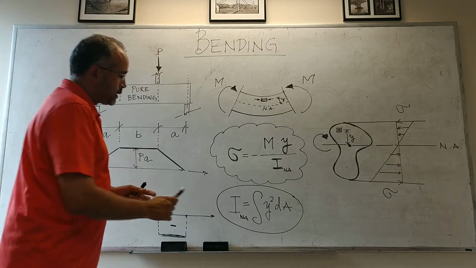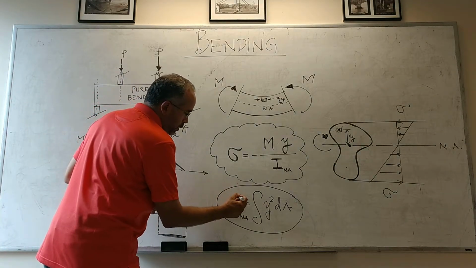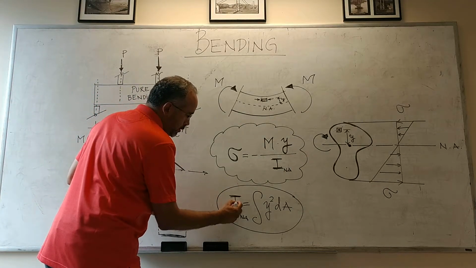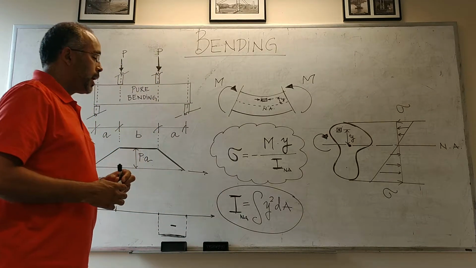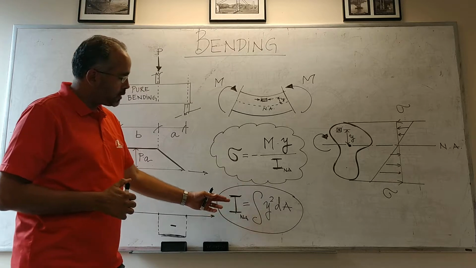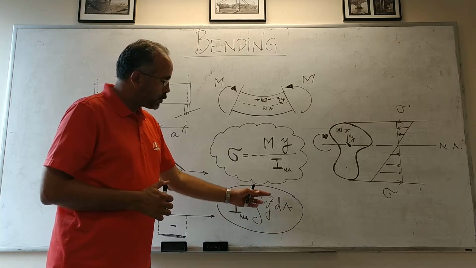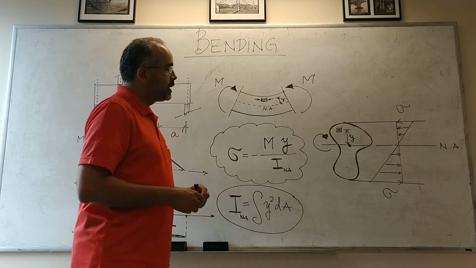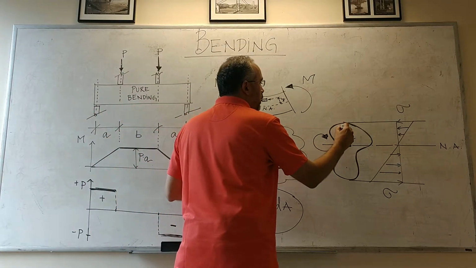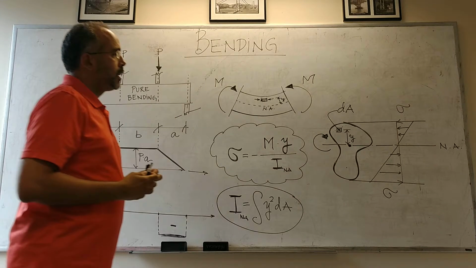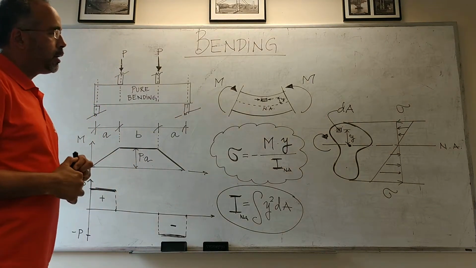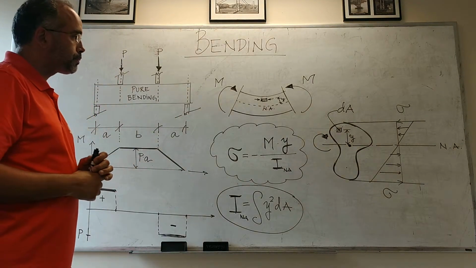And so that's the key feature. We need to be able to calculate the moment of inertia of the cross section around the neutral axis. And that, the formula is the integral of y squared times dA, where dA is basically all of these differential areas that make up the cross section.